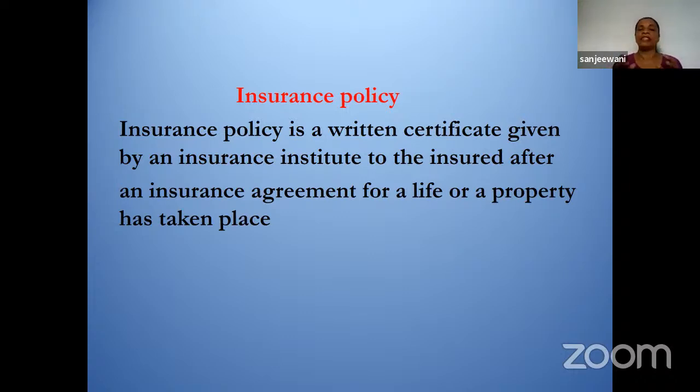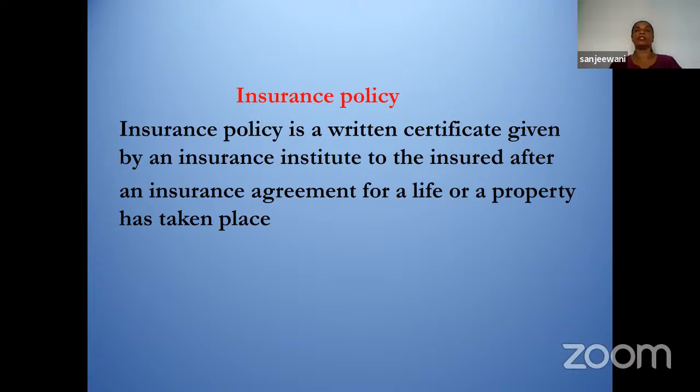This is given by an insurance institute to the insured after an insurance agreement for a life or a property has taken place. So when you get the coverage for a life or property, only then you get this written certificate. This is known as the insurance policy. I hope it is clear: insurance policy and insurance agreement.